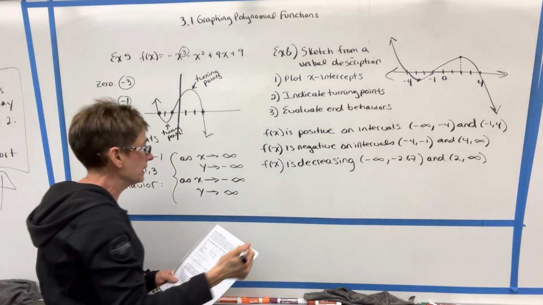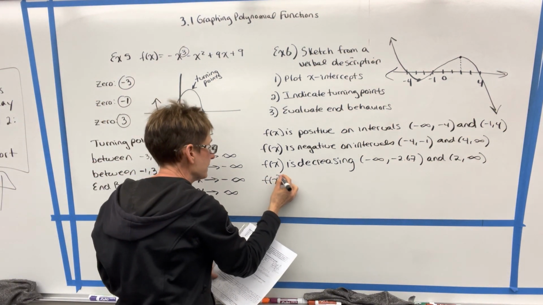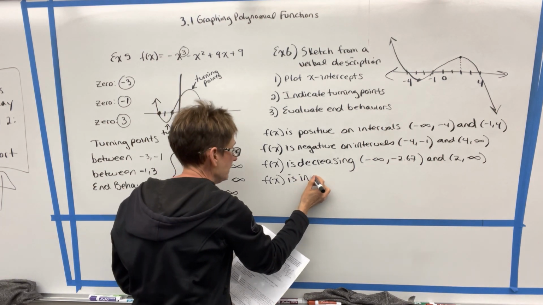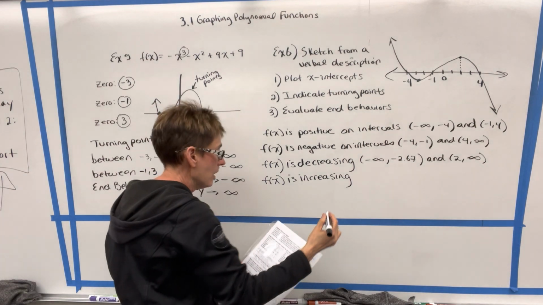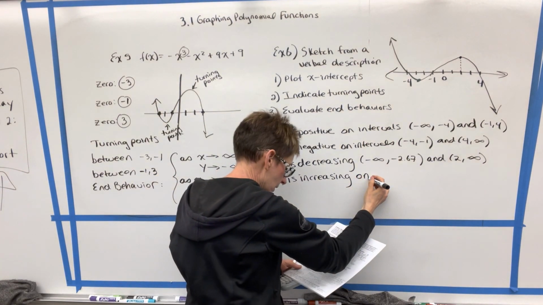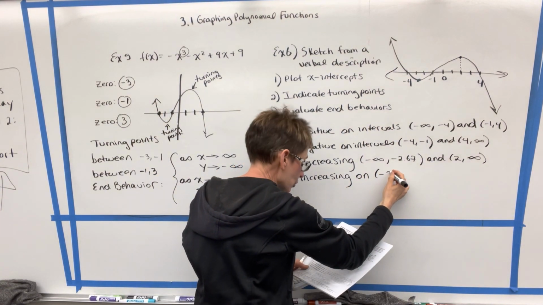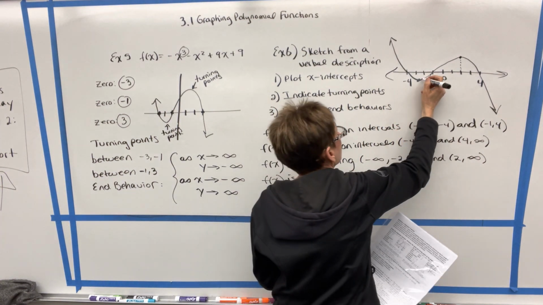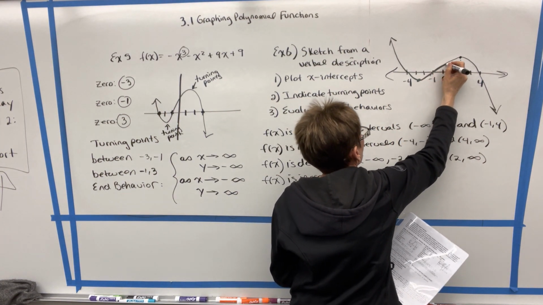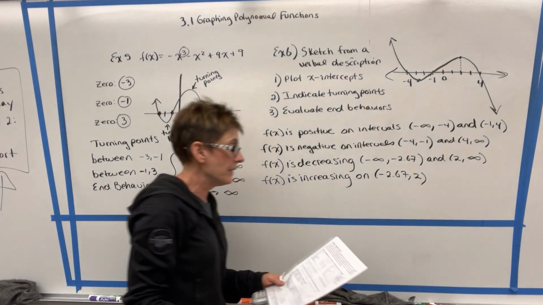We are also given the fact that f of x is increasing on the interval from negative 2.67 to 2, which is what I have here. It's increasing all of that interval right there.